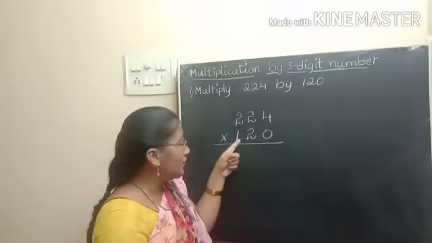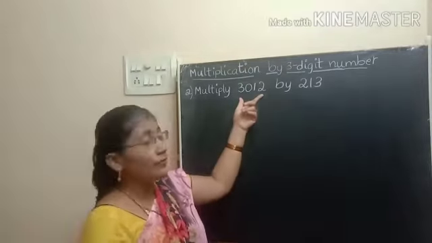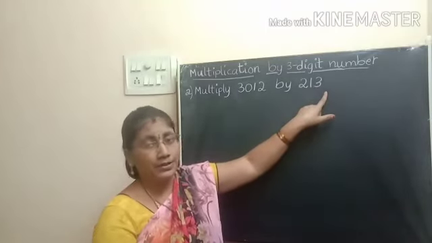Understood, children? The next example is multiply 3012 by 213. Here 3012 is the multiplicand, 213 is the multiplier.